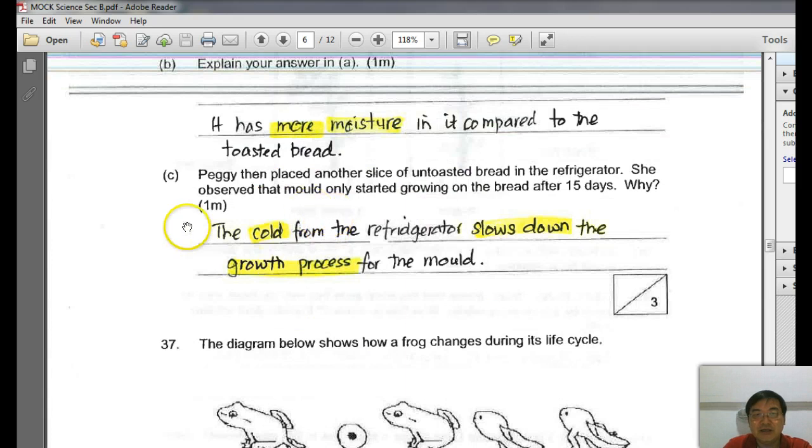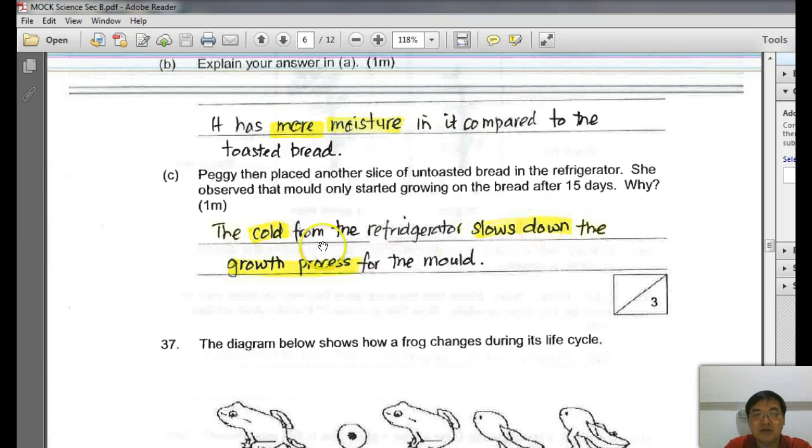Now Peggy then placed another slice of untoasted bread, untoasted meaning normal bread, not so dry, in the refrigerator. However, she observed that the mold, instead of 5 days or a few days, only started growing on the bread after 15 days, a much longer time.